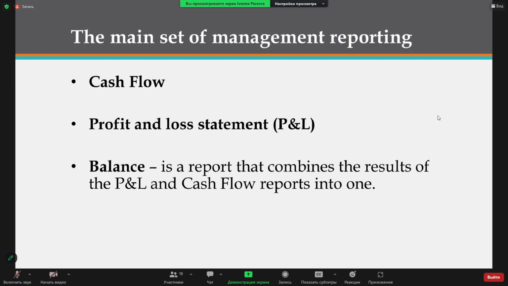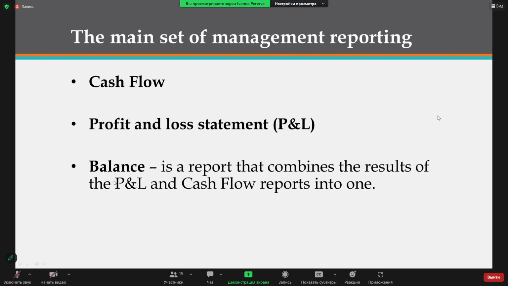Okay. Really, it's not management reporting exactly, it's accounting reporting. And our balance sheet will combine results from cash flow and from our P&L into one document.